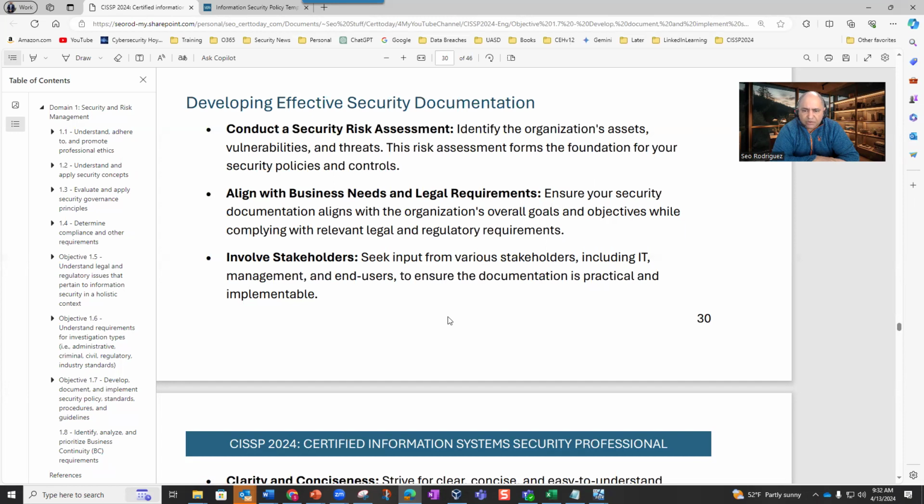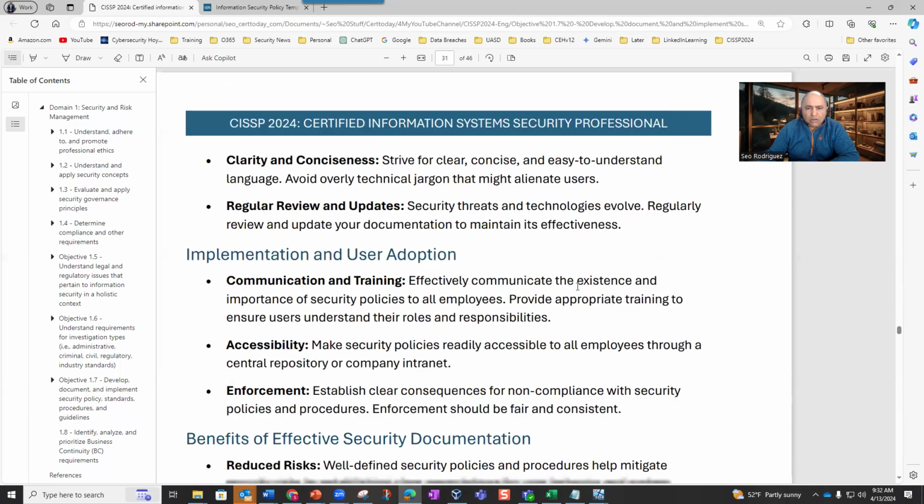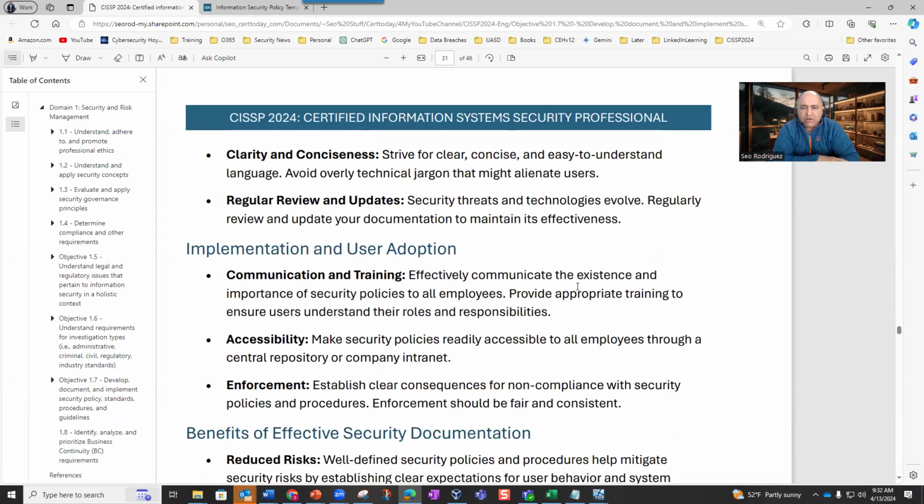Seek input from various stakeholders, including IT, management, and end users, to ensure the documentation is practical and implementable. Strive for clear, concise, and easy-to-understand language.